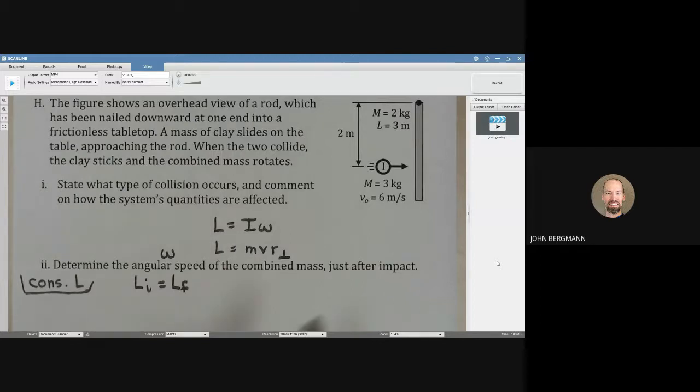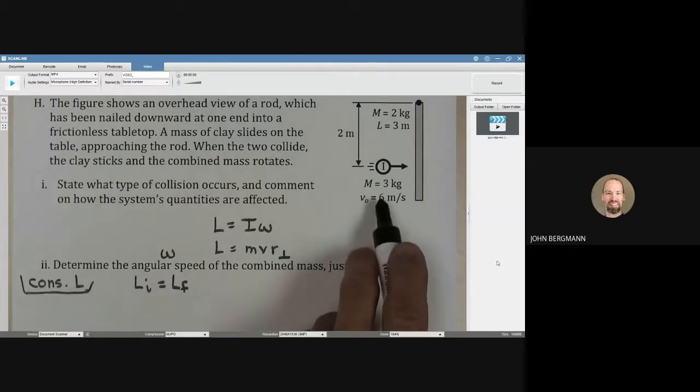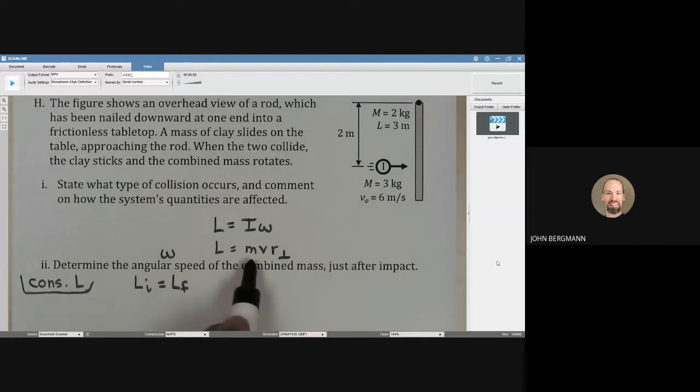Initially, the angular momentum is due entirely to this 3 kilogram mass, and we're going to use this equation: 3 kilograms times a speed of 6 meters per second, and r perpendicular is 2. On the right side, we're going to have rotating things, so I times omega. Now omega is what we're looking for. What about I?